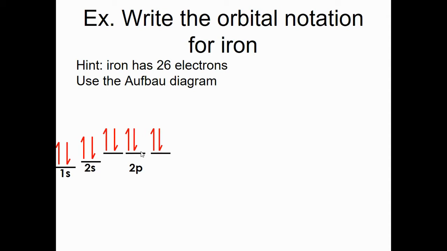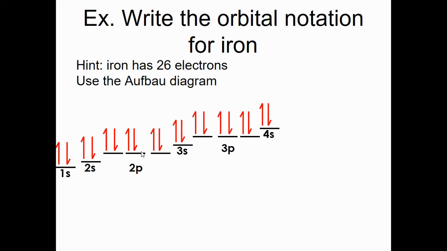The p's are full. Now we go to the 3s. 10, 11, 12, 13, 14, 15, 16, 17, 18, 19, 20. Now we go to 3d. 21, 22, 23, 24, 25, and 26. This is the orbital diagram for iron, and it shows the way it fills up.